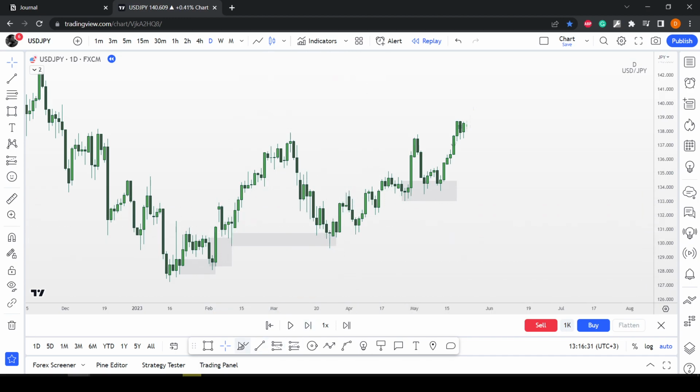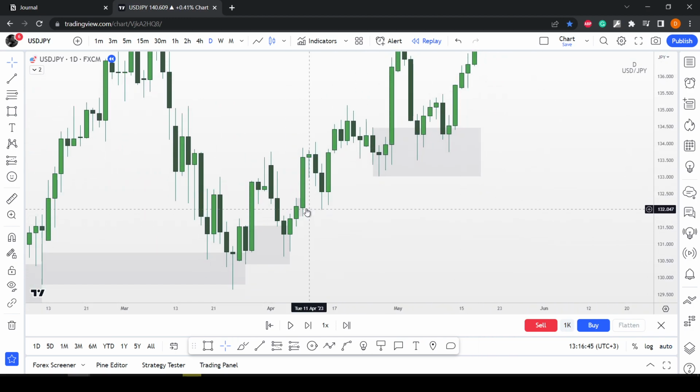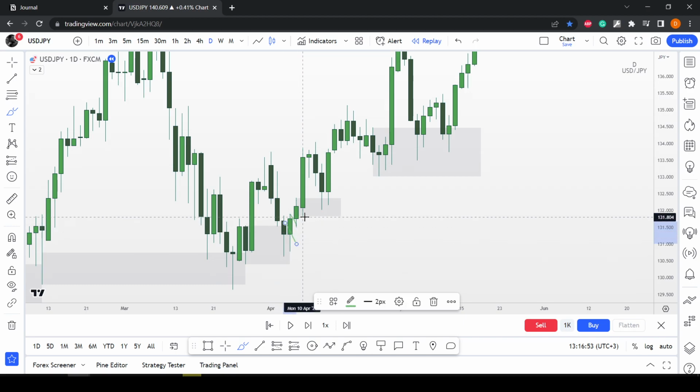Started a move up from here, mitigated this, and then just started to really hold the chain. And if you look more closely, you will understand why it happened here and not here, because this mitigated this mitigated this.